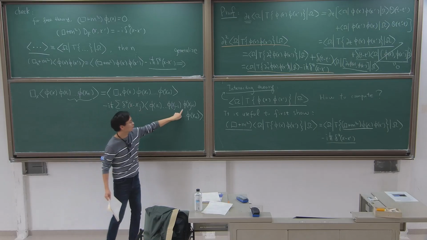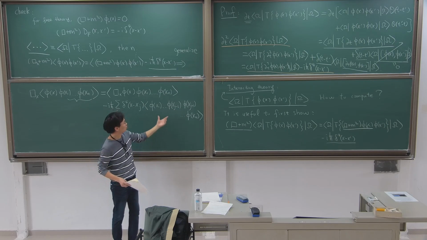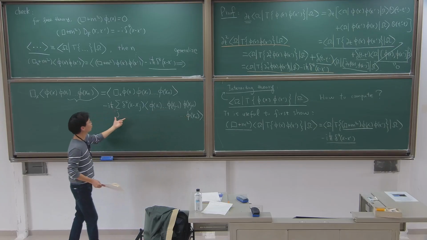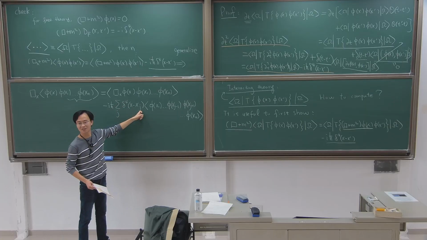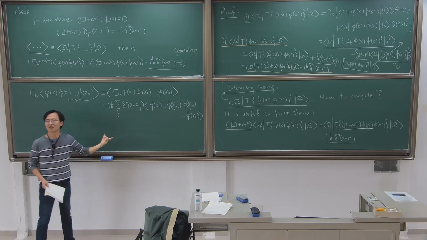But if you have more than that, then you should keep the other insertions. The point is, you should sum over all the possible insertions j. This is the most general one.